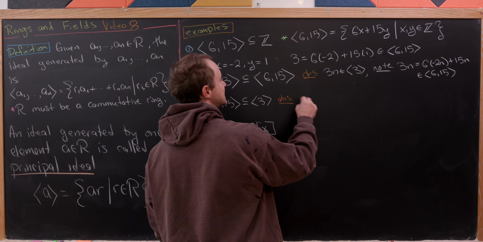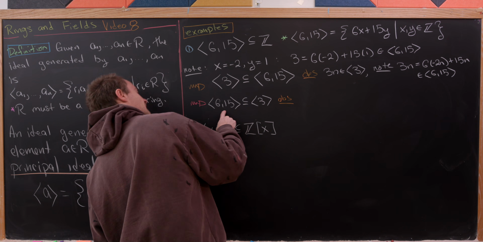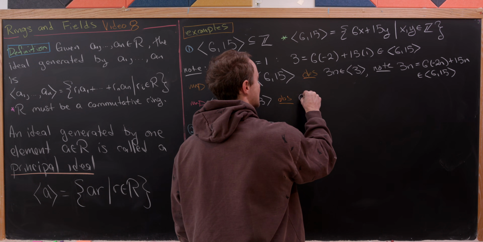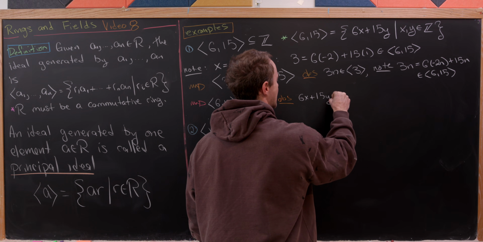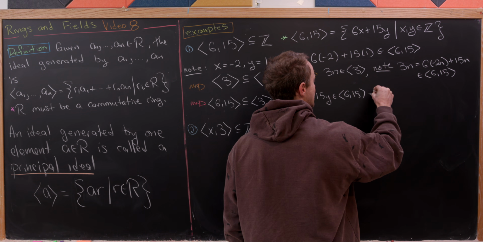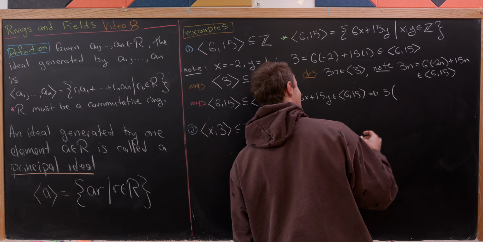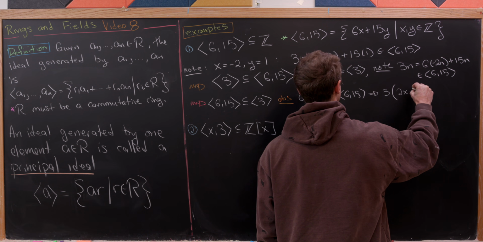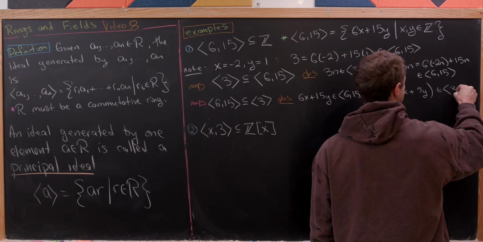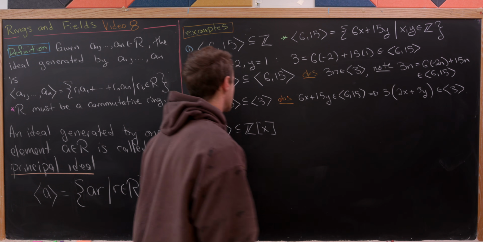So notice that if we take an arbitrary element of the ideal generated by 6 and 15, 6x plus 15y, well, we can write that as follows: 3 times (2x plus 5y), and that is pretty clearly inside of the ideal generated by 3.